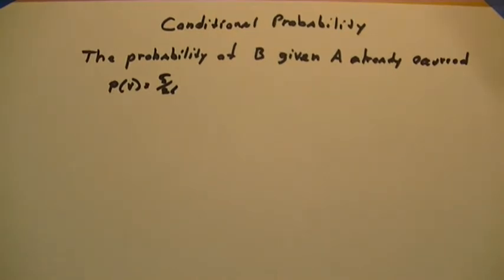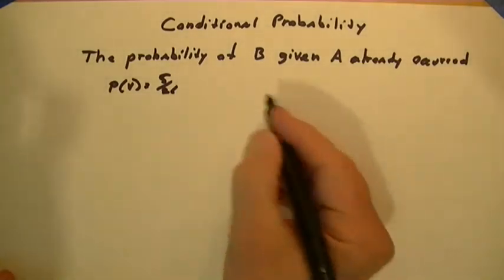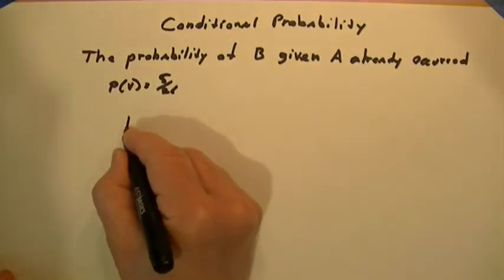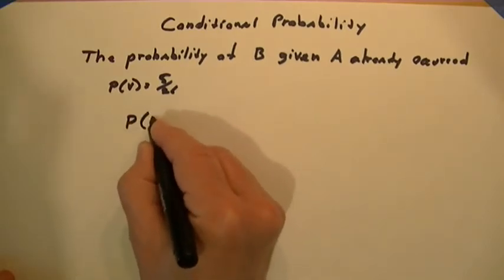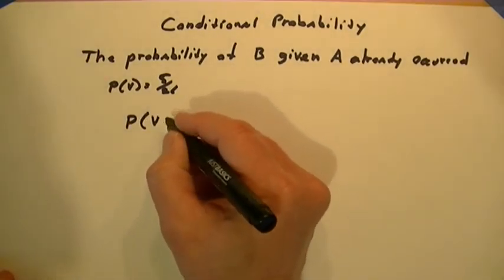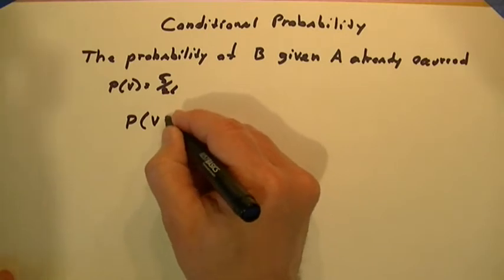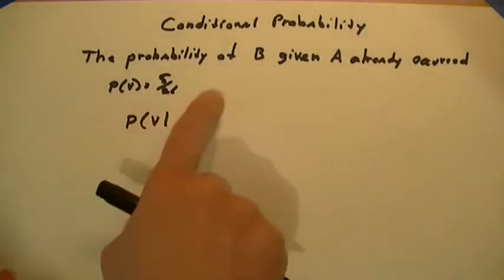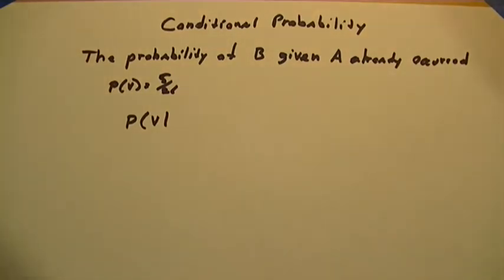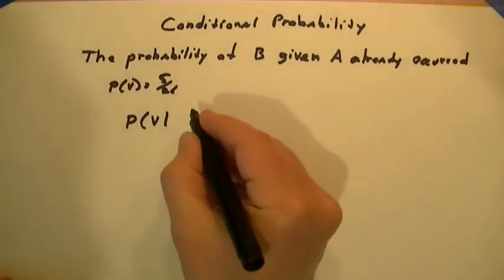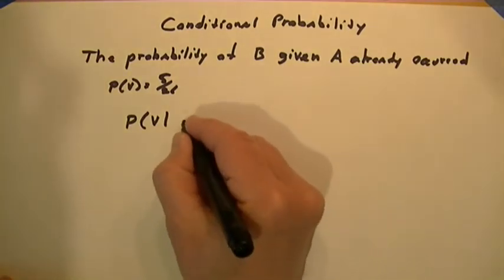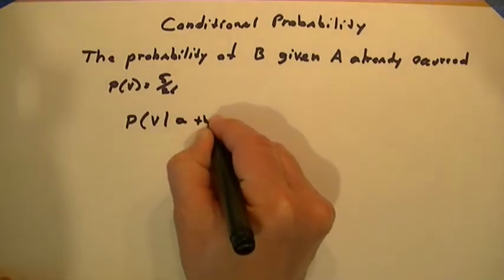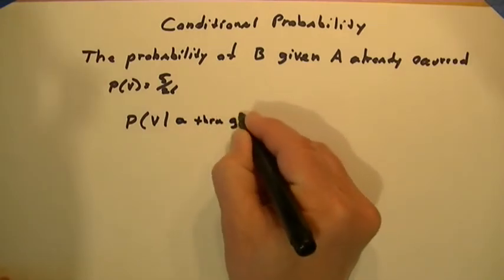Okay, but what if we said, what is the probability of selecting a vowel, given that... And we would write this as the probability of selecting a vowel, and we use this kind of vertical line to represent given that, such that we only look at the cases, like let's say we did this 1,000 times, but then we went back and we only looked at the cases where the letters A through G were selected.